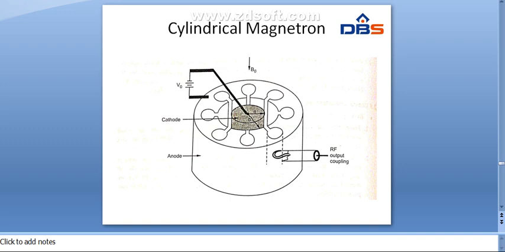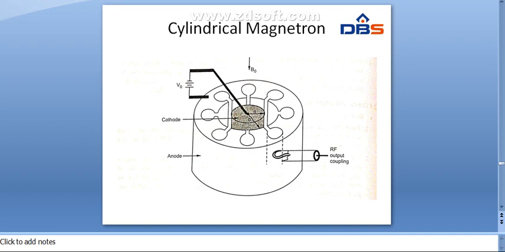The cylindrical magnetron consists of a cylindrical cathode of finite length and radius A, at the center, surrounded by a cylindrical anode of radius B. Here these cavities are connected between anode and cathode.